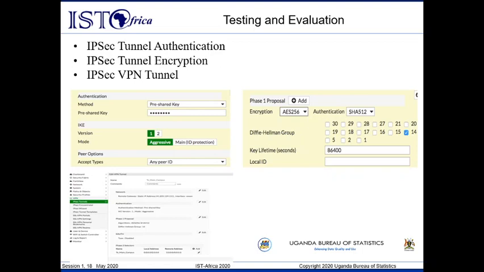These were used because they ensure data integrity, data confidentiality, and authentication of data traffic. With the ping tool and Wireshark, we were able to test the tunnel authentication, the tunnel encryption, and the virtual private network.